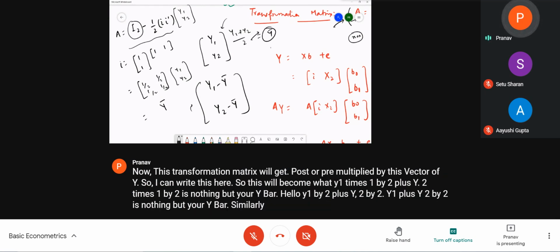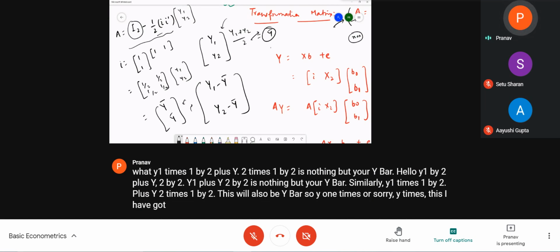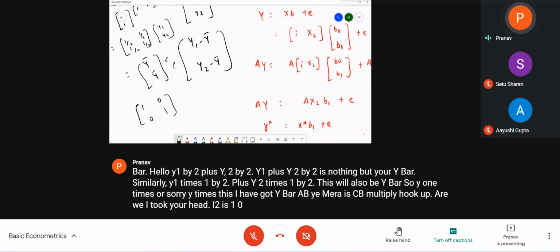Similarly, y1 times 1 by 2 plus y2 times 1 by 2 will also be y bar. So I have got y bar. Now this also gets multiplied by I_2, which is 1, 0, 0, 1, the identity matrix.